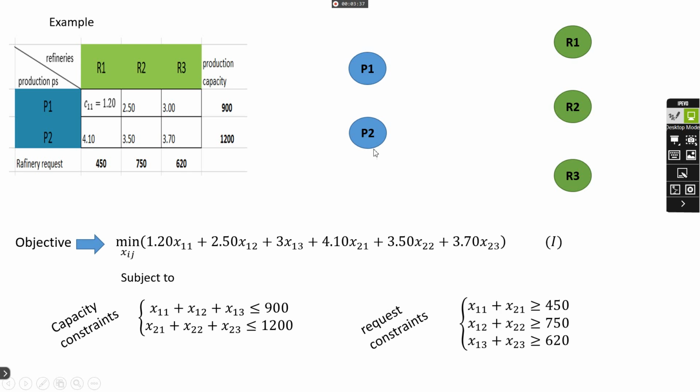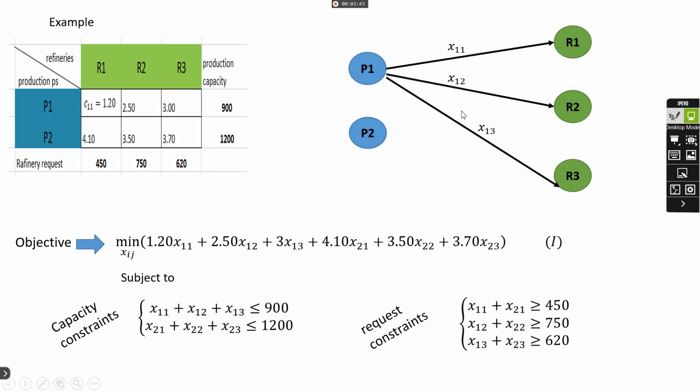For example, for production P1, we have x11 plus x12 plus x13 is less than 900, which is the capacity of P1, and for request constraints, for example, x11 plus x21 is greater than 450.